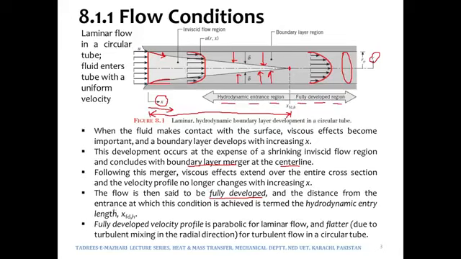And the distance from the entrance at which this condition is achieved is termed as hydrodynamic entry length. This length is denoted by X_fd,h. X of course represents length, fd means fully developed, h means hydrodynamic. So after this x, the flow would be considered as fully developed.